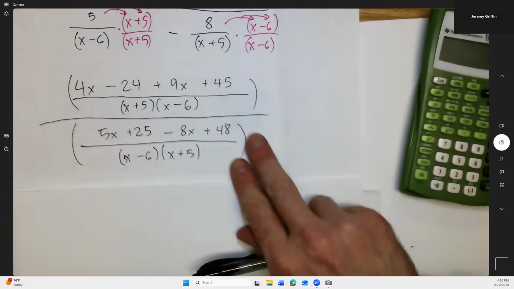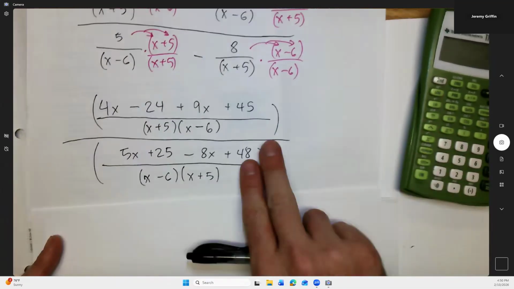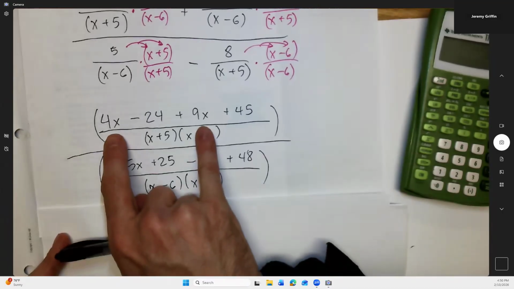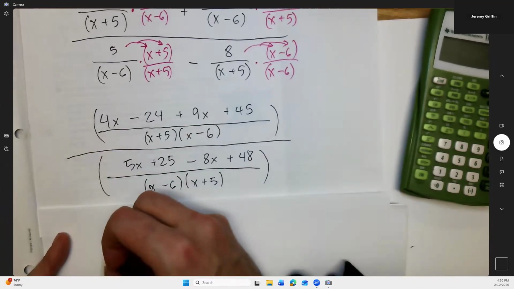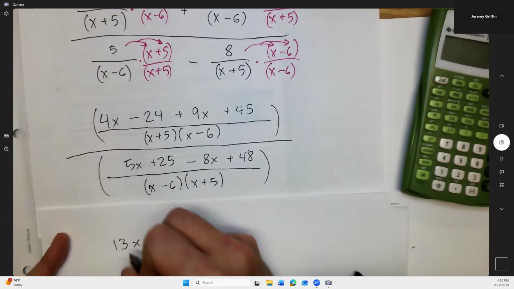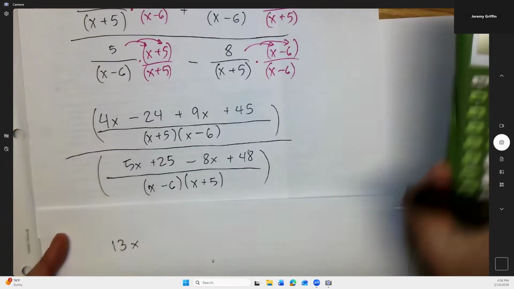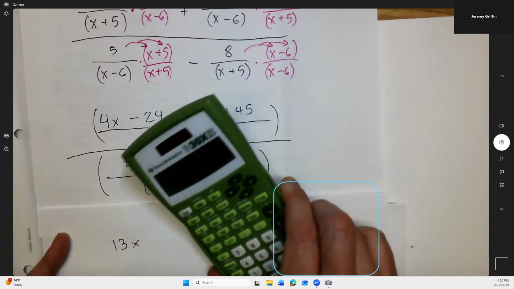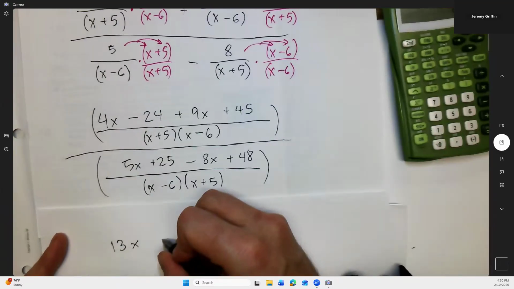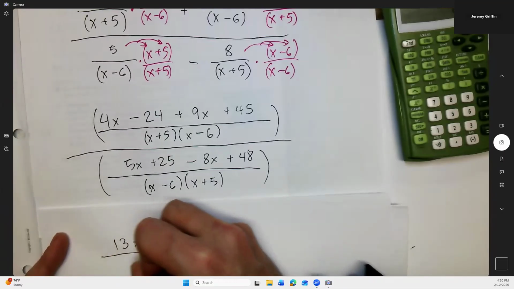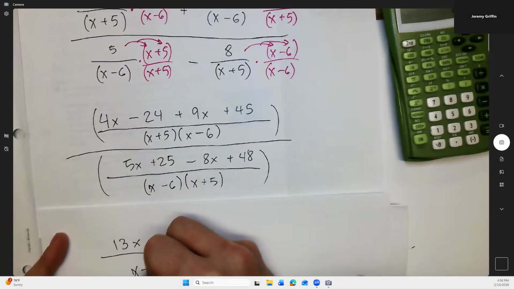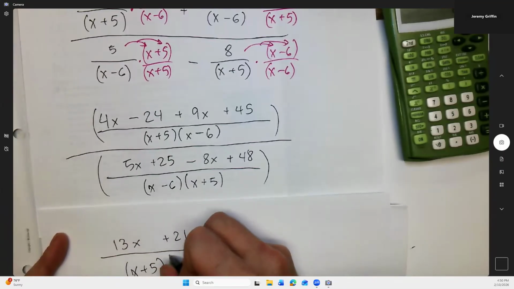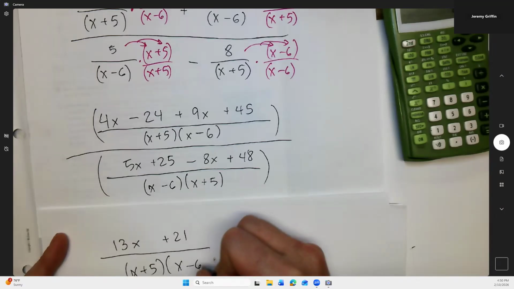While I'm at it, maybe I'll clean up a little bit too, because 4x and 9x gives me 13x, and then negative 24 plus 45 is 21. So 13x plus 21. This is divided by x plus 5, x minus 6.